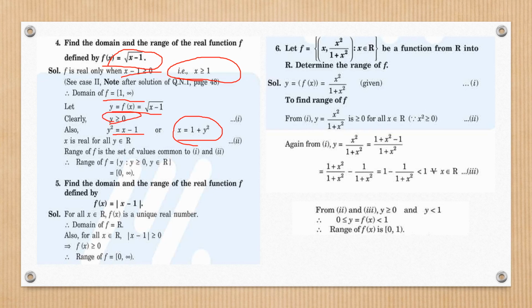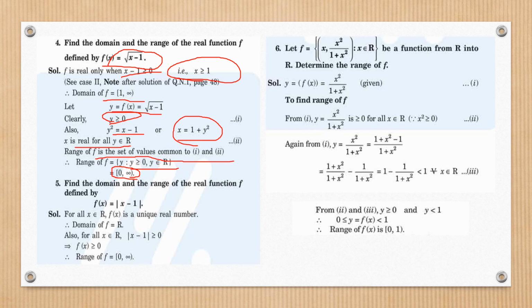This condition must be in your mind. So x is a real number for all such y, and the range will be y greater than or equal to 0. That makes the range the semi-closed interval 0 to infinity.